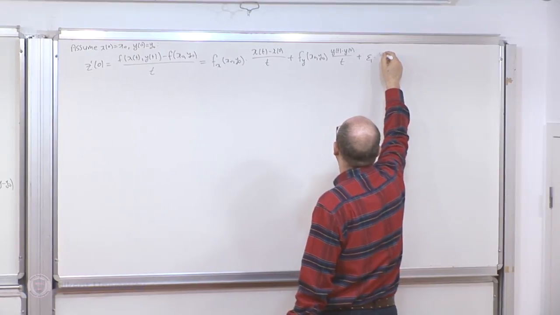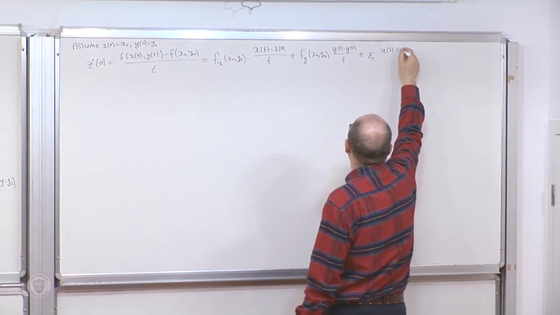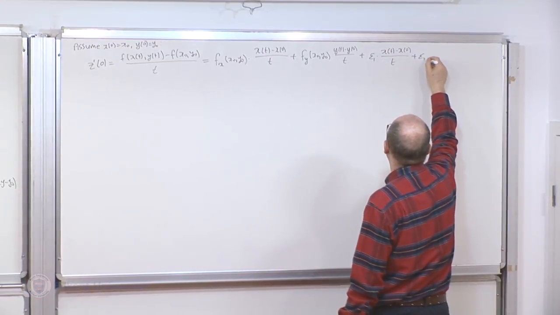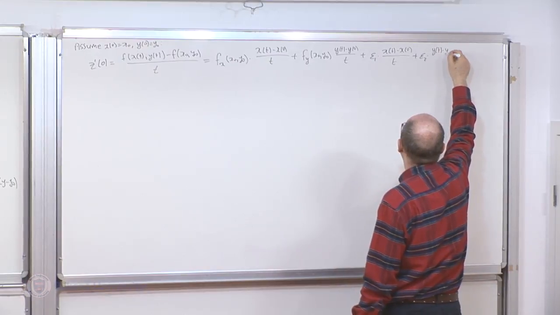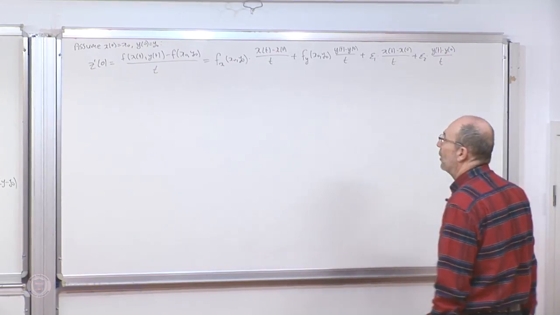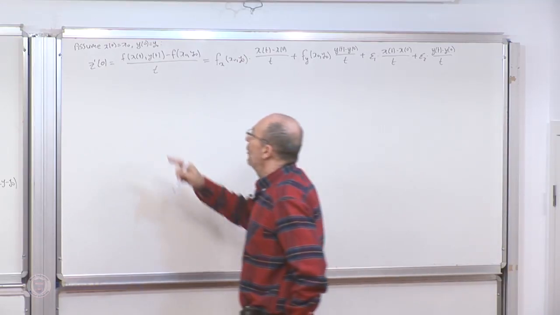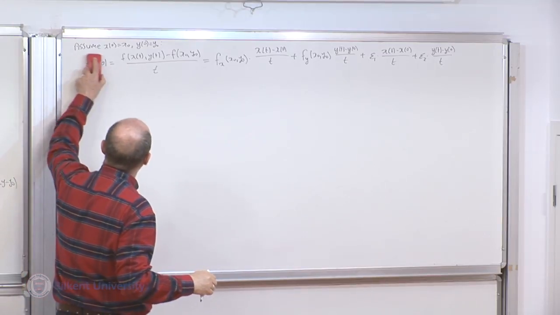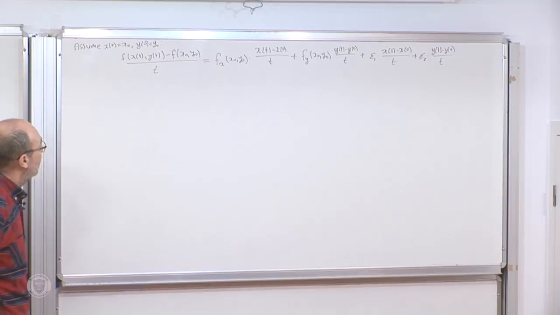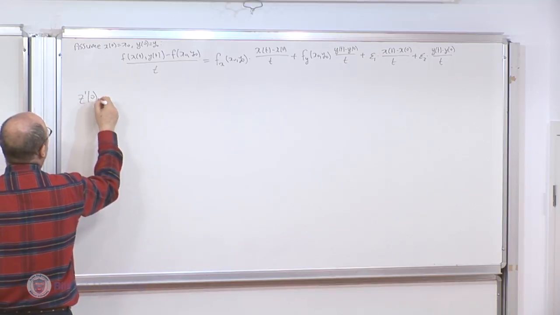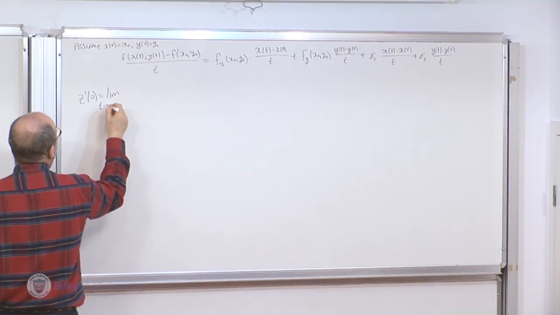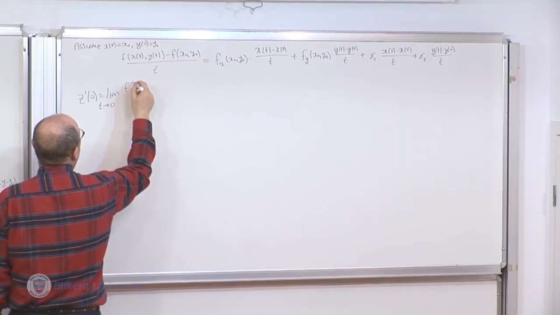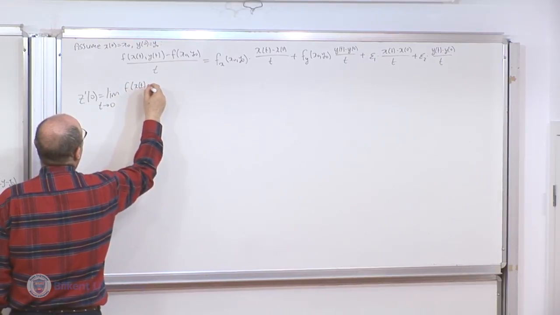I do the same with epsilon 1 times x of t minus x of 0 over t, plus epsilon 2 times y of t minus y of 0 divided by t. Actually this is not equal to this, but it is going to be equal to the limit of this. Now, z prime of 0 is equal to the limit as t goes to 0 of this expression. Let me write this expression here, and we'll check if the limit exists.